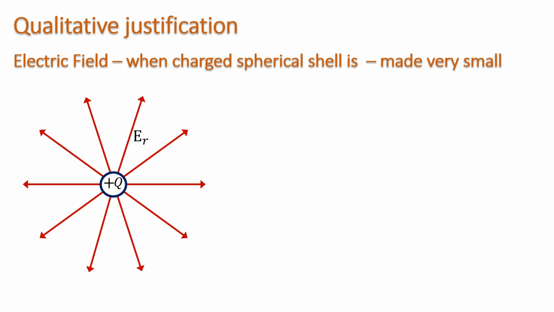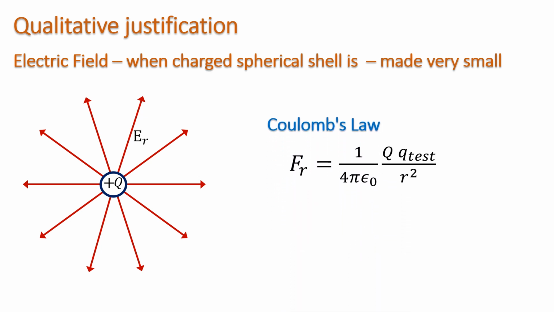In this slide, we make the charged spherical shell very small, and it looks more like a point charge. Therefore, we can use Coulomb's law, which is force being proportional to the product of the charges and inversely proportional to the square of the distance between them.